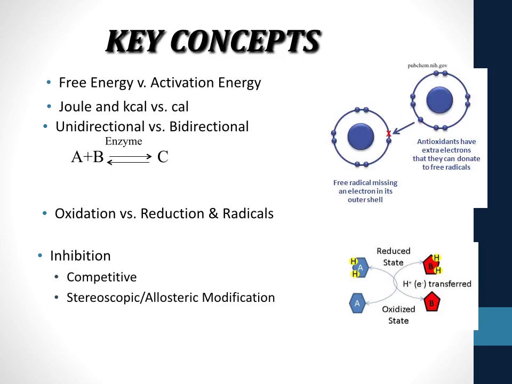A and B. It can go either direction. The bidirectional reactions are substrate-dependent reactions, which means that if I have a whole bunch of A and B, I'm going to drive the reaction towards what? Towards C. If I have a whole bunch of C, I'm going to drive the reaction towards what? A and B. Everybody follow?